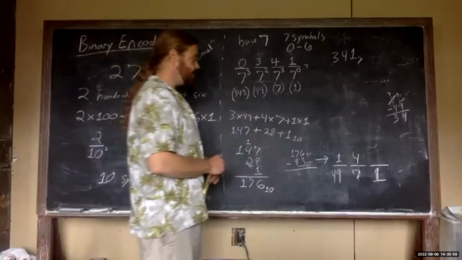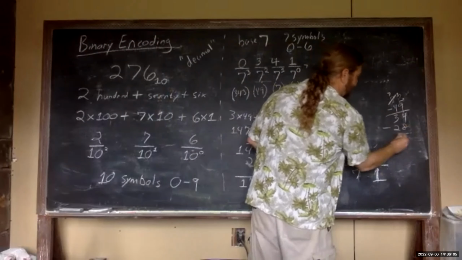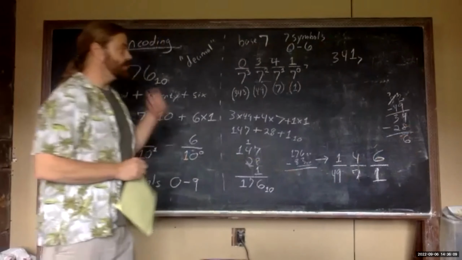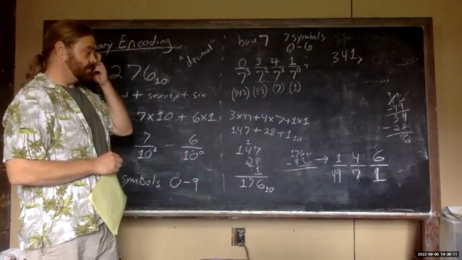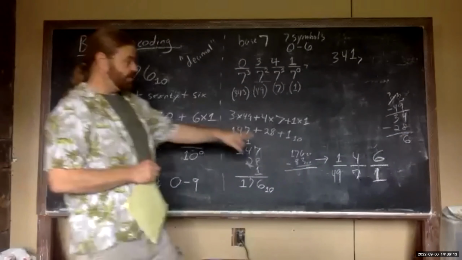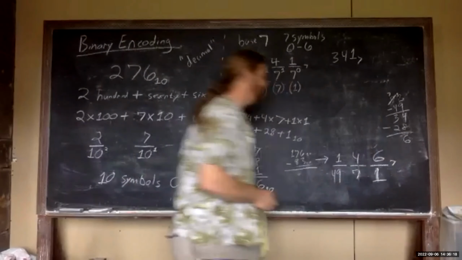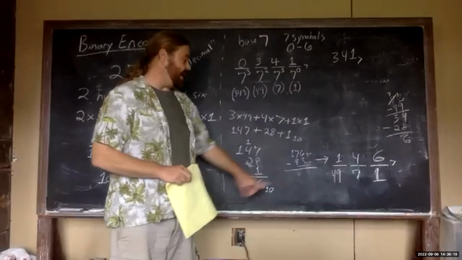So 7 times 4 would be 28, and 34 minus 28 would leave us 6 more for our 1s column. That is just symbols that carry the same meaning as 83, but written in a different numerical system.